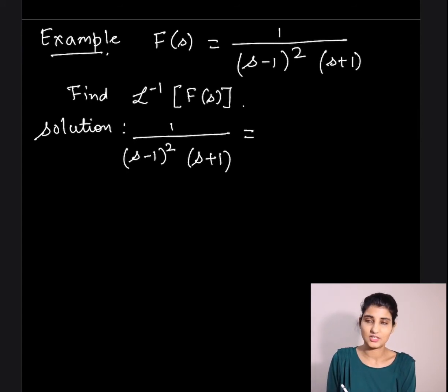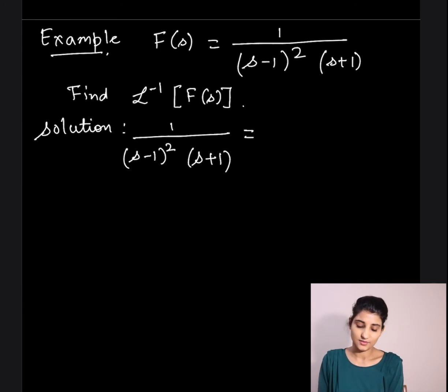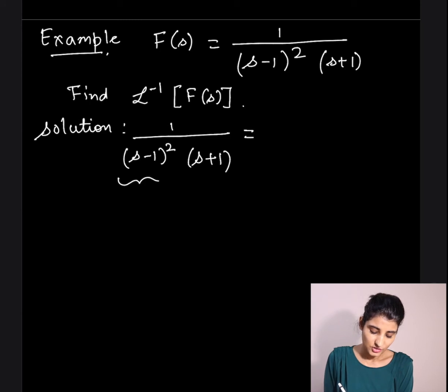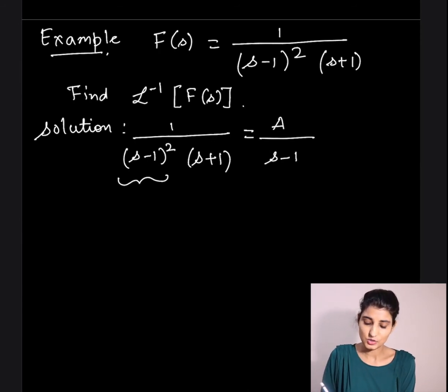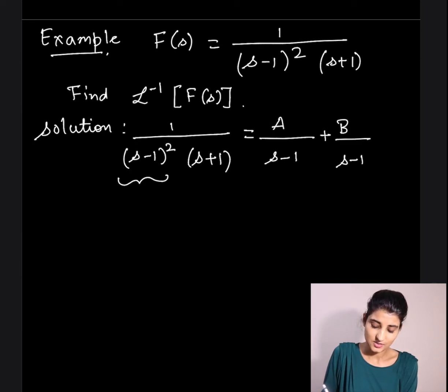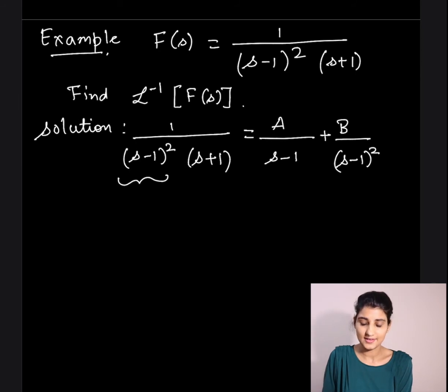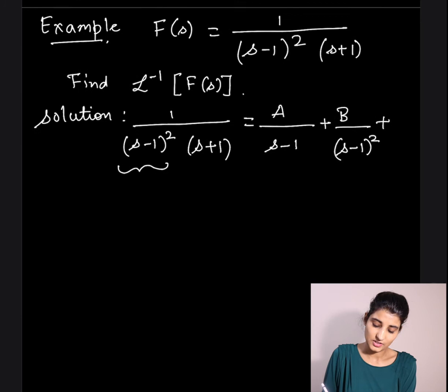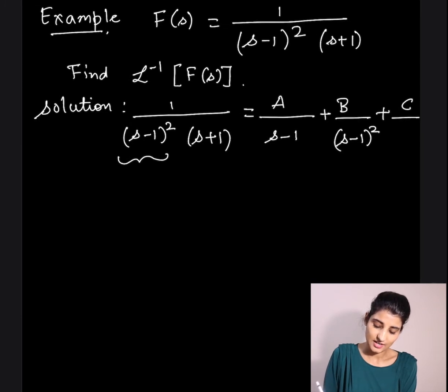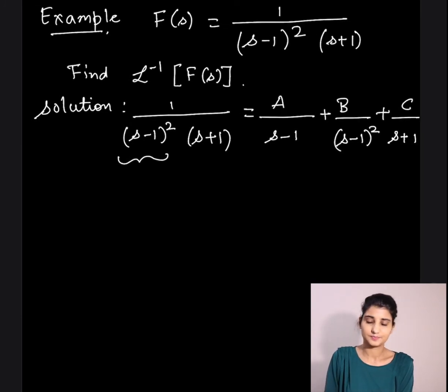In the denominator we have two terms, (s minus 1) square and s plus 1. For the first term, which is the square of a linear term, we write partial fractions as A divided by s minus 1 plus B divided by (s minus 1) square, and for the term s plus 1 we will write C divided by s plus 1.